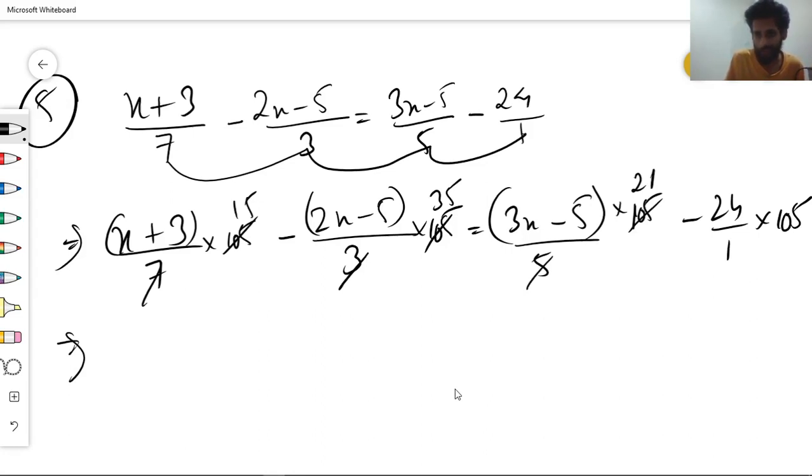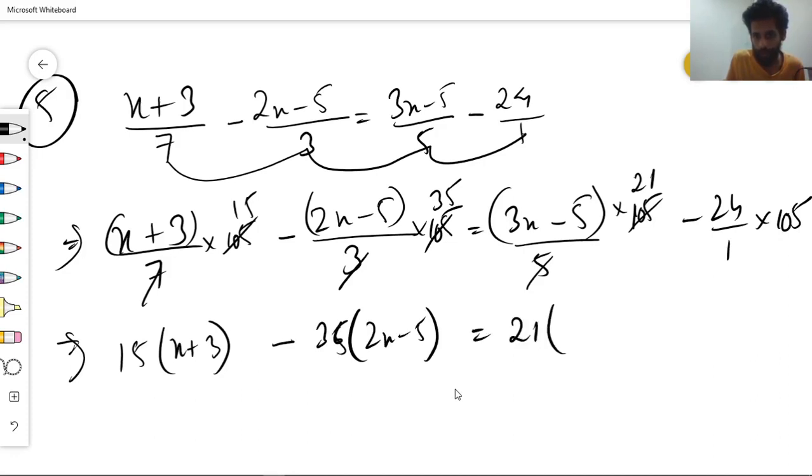And 1 we cannot divide, so here it will be 15 (x plus 3), here it will be minus 35 times (2x minus 5), here it will be 21 (3x minus 5), and here it will be 105 into 24.